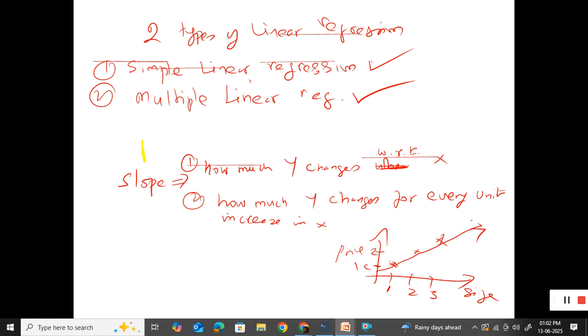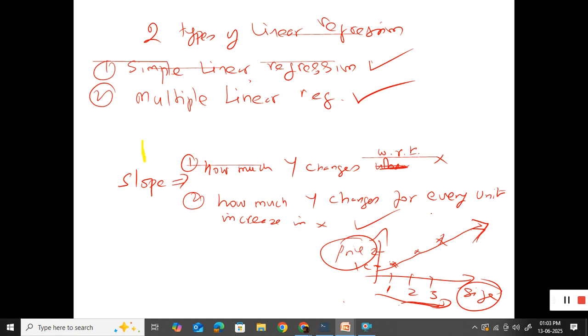In this case, we have modeled the relationship between size and price. As the size increases, the price also increases. Obviously, when the size of the house increases, the price also increases.